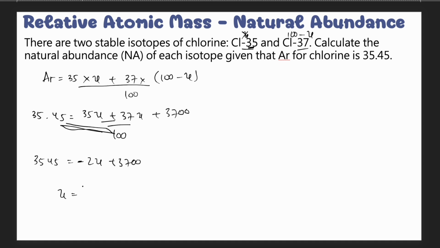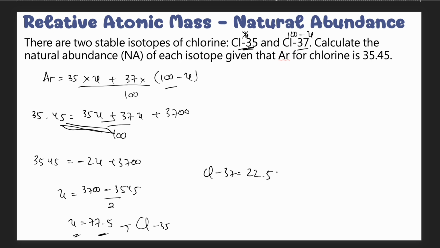So x would be 3,700 minus 3,545, divided by 2. Then x is 77.5 for chlorine-35. And Cl-37 would be 100 minus x, which is 22.5%. Don't forget to write the percentage because it's a natural abundance.